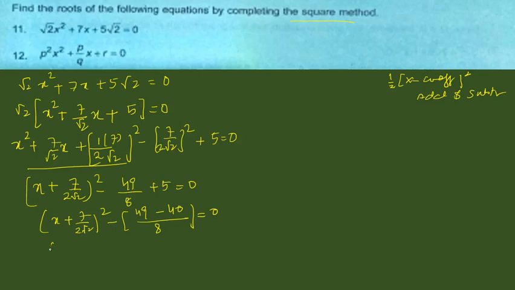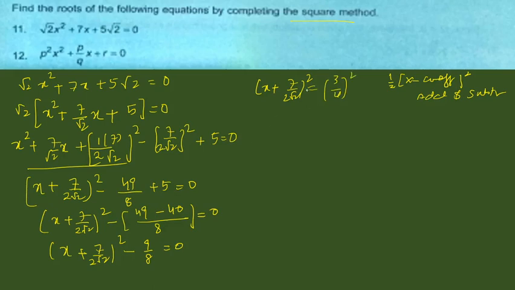So it is (x + 7/(2√2))² minus 9/8. You can write the last step, 9/8 as (3/(2√2))².